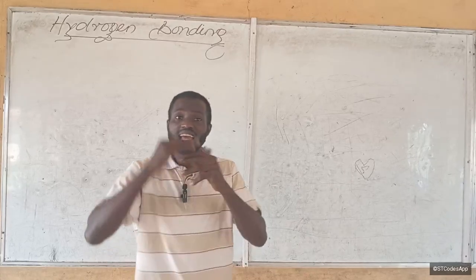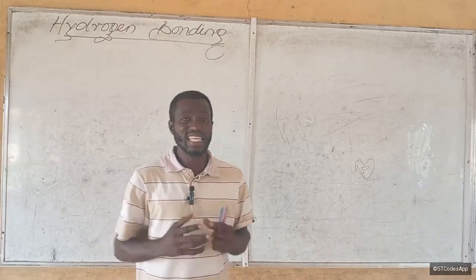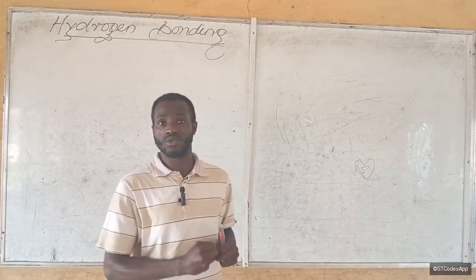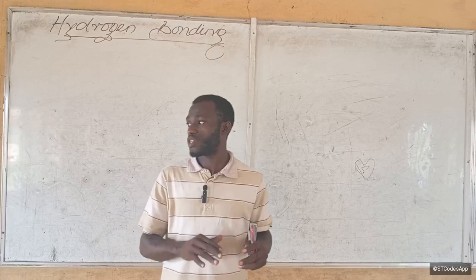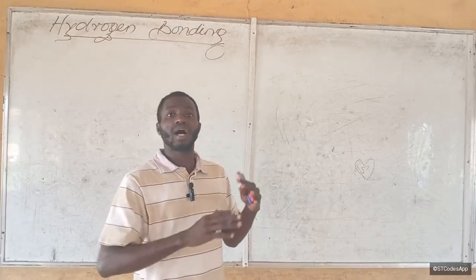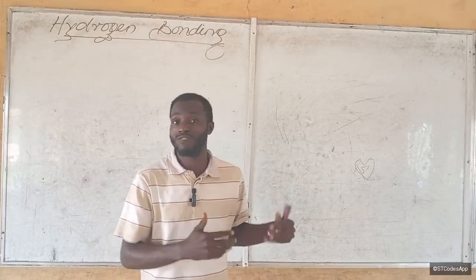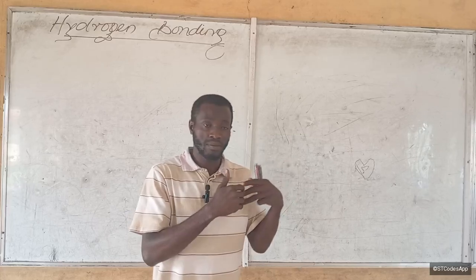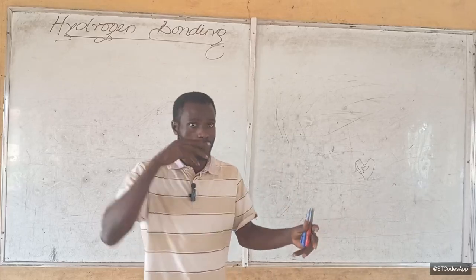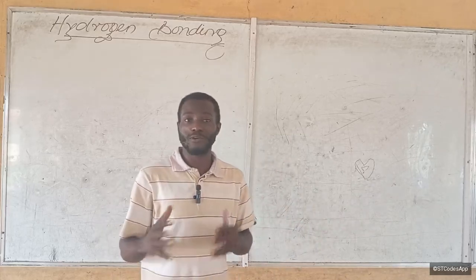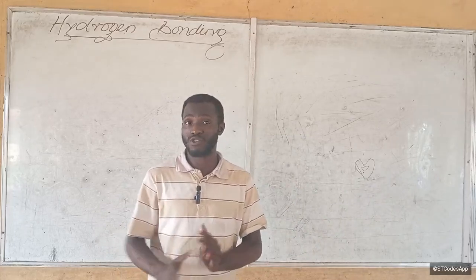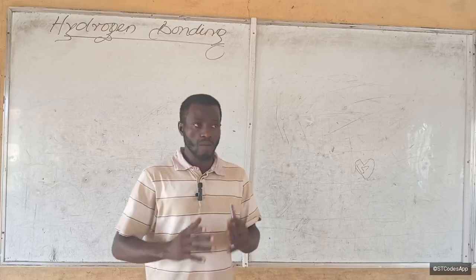The higher the electronegativity value of an atom, the higher its capacity to draw electrons to itself, and the lower the value, the lower the capacity to draw electrons, which means it will rather give electrons out.